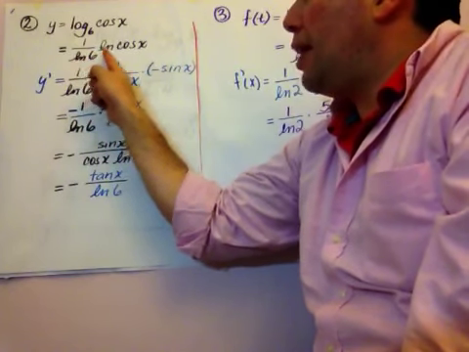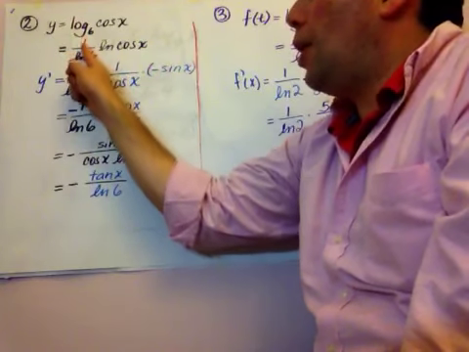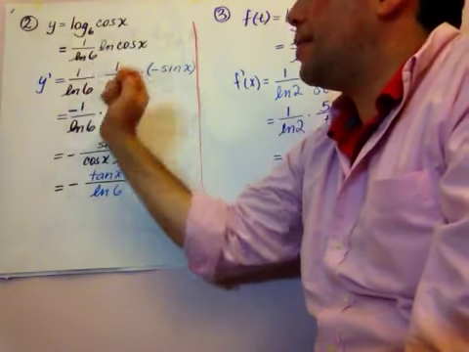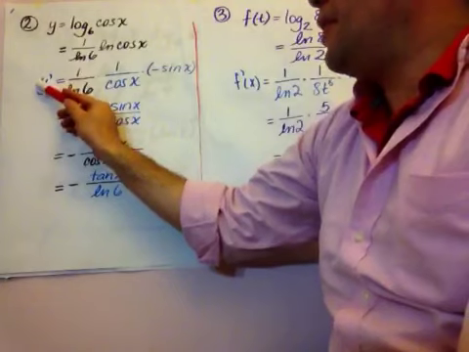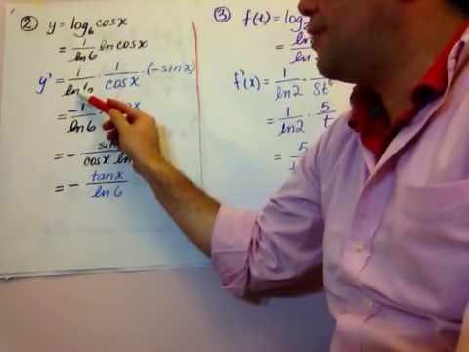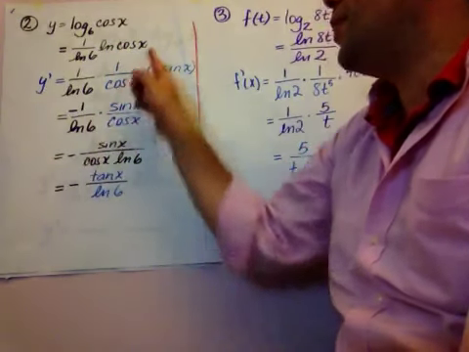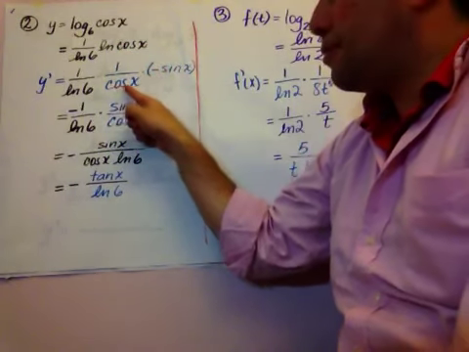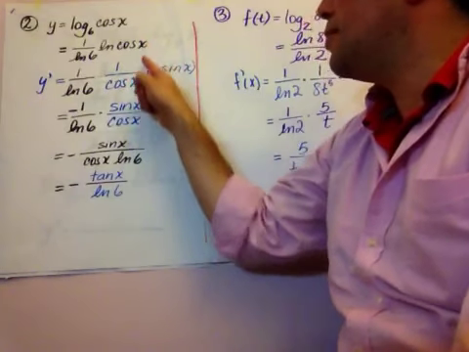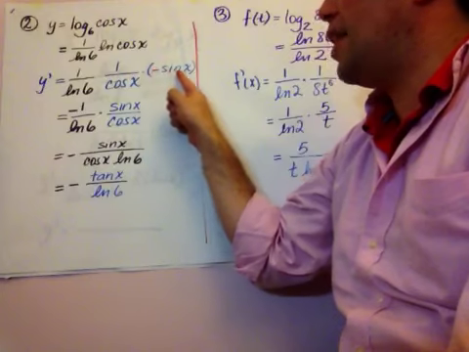Instead of writing divided directly under this logarithm, I'm writing 1 over ln of 6. Then the derivative is the constant, 1 over ln of 6, times the derivative of natural logarithm of cosine, which is, of course, 1 over cosine of x, times the derivative of cosine of x, which is negative sine of x.